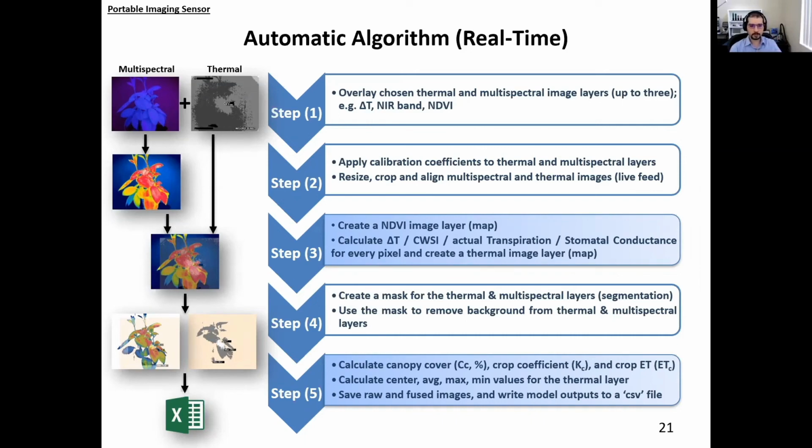So if I want to go through this very quickly, what it does is overlay chosen thermal and multispectral image layers. I will provide more details, and these images could be up to 3.